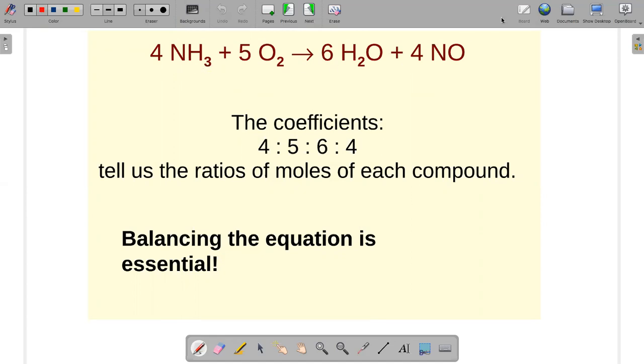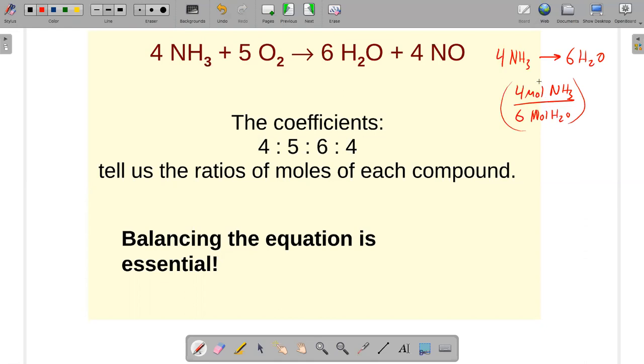In this equation, it's true that for every 4 ammonias, 4 NH3s, you get 6 waters. So that can be written as 4 moles of NH3 over 6 moles of H2O.